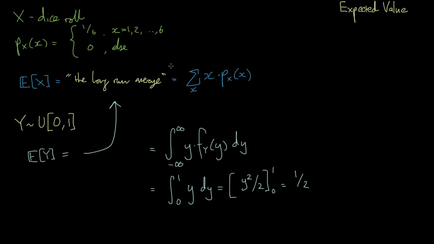In the case of a discrete variable, it's just the regular old sum of the values multiplied by their corresponding probabilities. But in the case of a continuous random variable, it's still some sum over every value multiplied by its corresponding probability density. But instead of using the standard sum, we're going to use a Riemann sum or an integral.